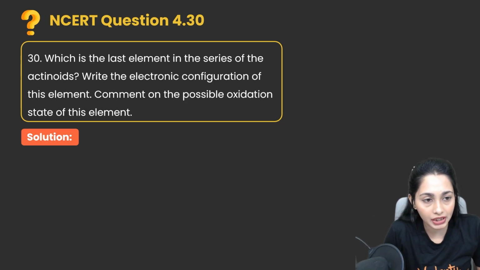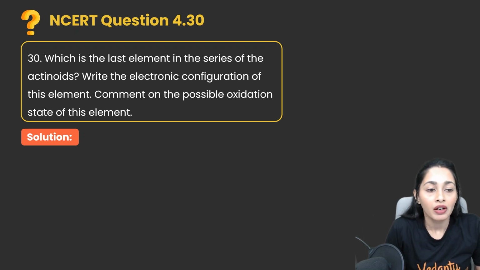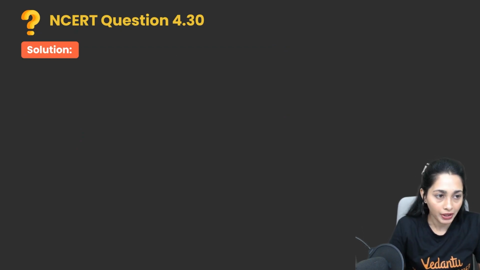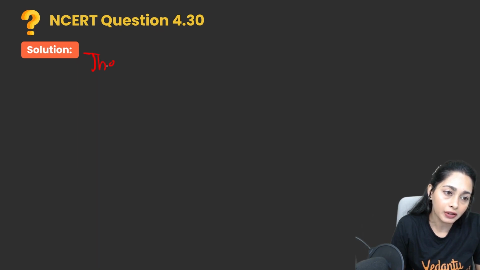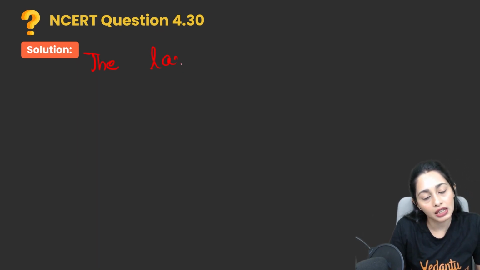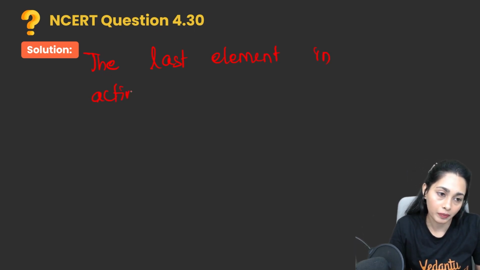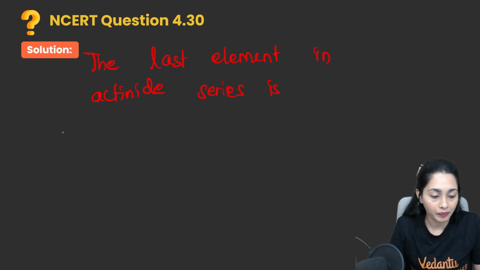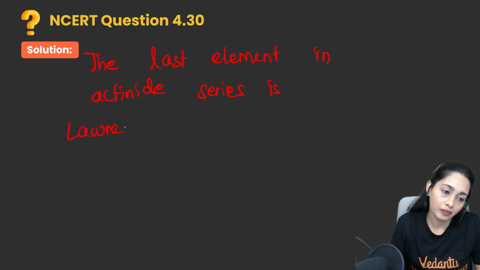Question number 30 is very simple. Which is the last element in the series of the actinides? Write the electronic configuration of this element. Comment on the possible oxidation state of this element. So which is the last element? That is lawrencium. The last element in the actinoid series is lawrencium.